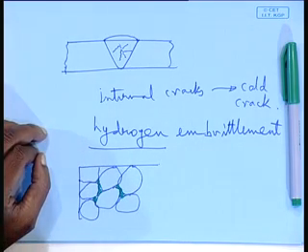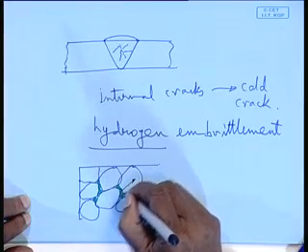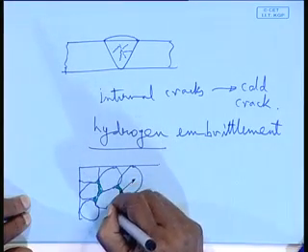They occupy those spaces, and as the welding is over, the entire material gets cooled down. At that condition, those atoms combine and form molecules. Once that is formed, they exert a tremendous force in all directions.